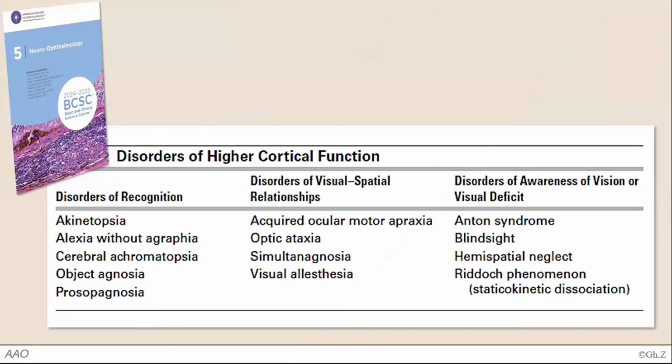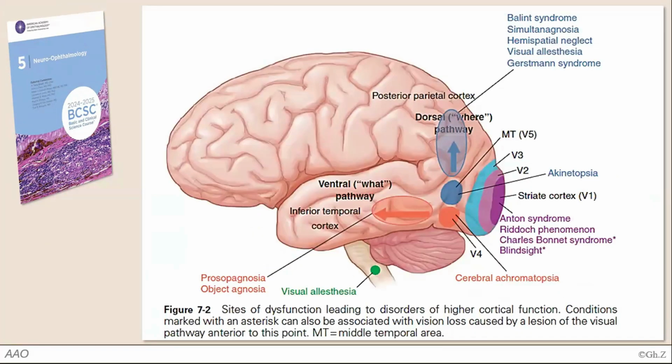Another important topic, it's a bit advanced, is about disorders of higher cortical function beyond the visual pathway. So we have some disorders. Some of them are written in Kanski, like Anton syndrome, hemispatial neglect that we talked about, Riddoch phenomenon, simultagnosia. So you can read about these in the American Academy, and the sites of lesions are also written.